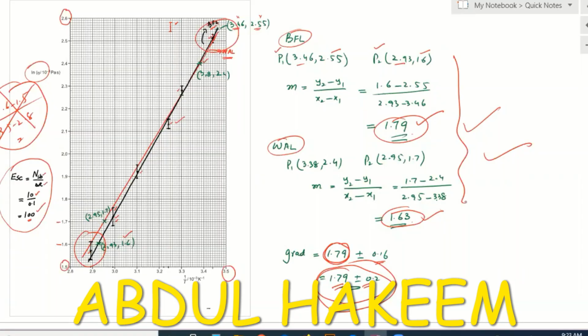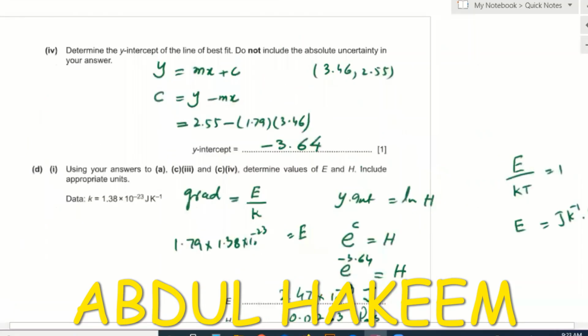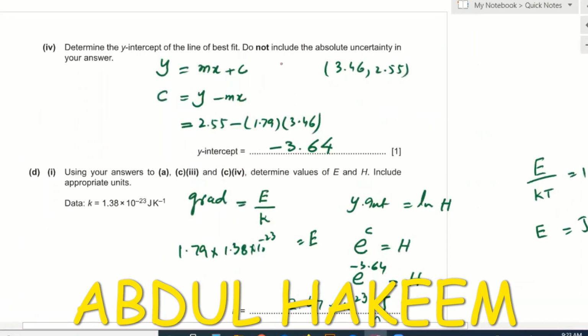Now, after calculating the gradient, there will be a part, determine the y-intercept, don't include the absolute uncertainty. So look, the equation is y is equal to mx plus c, or c is equal to y minus mx. Now take the gradient of the best fit and the x and y coordinate of the best fit.